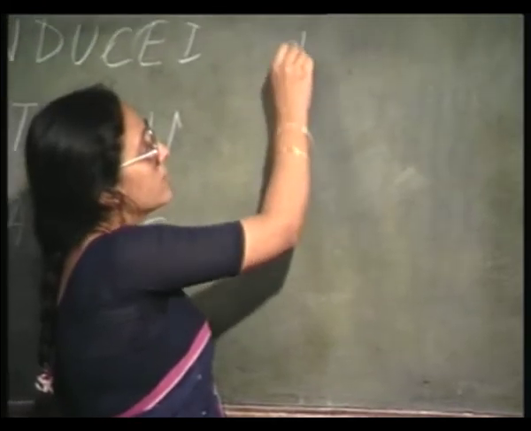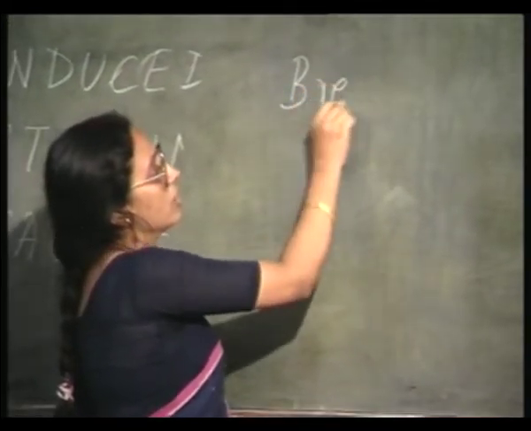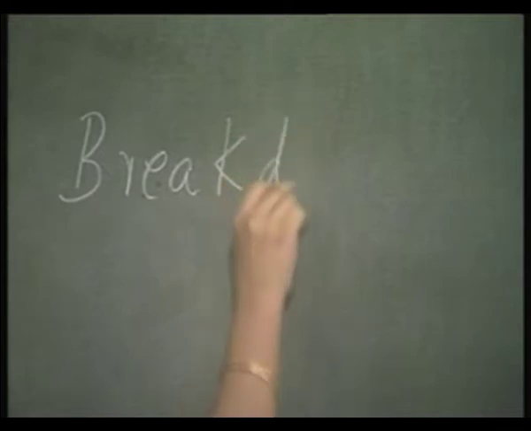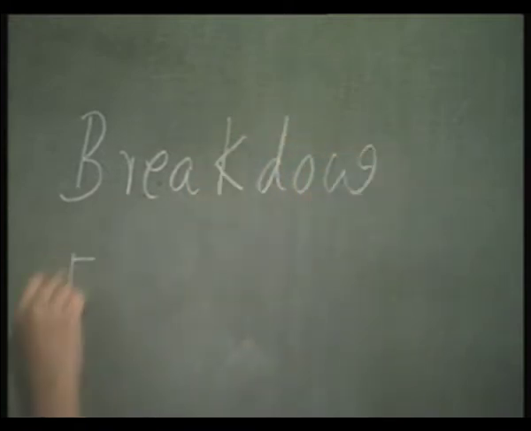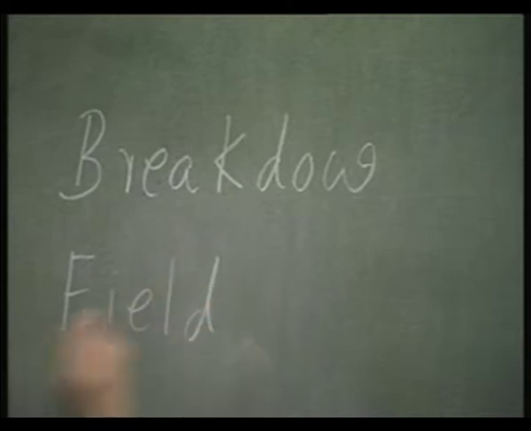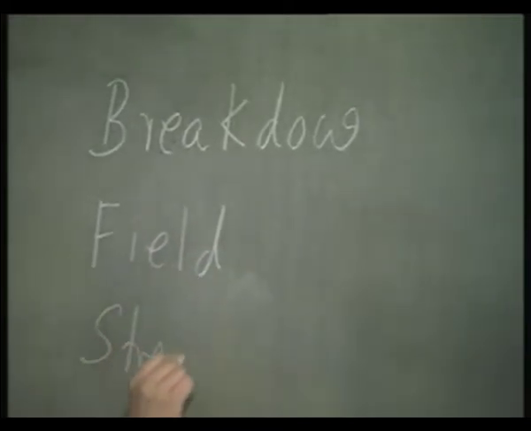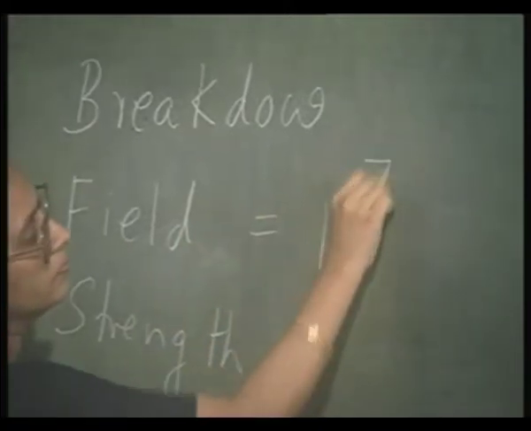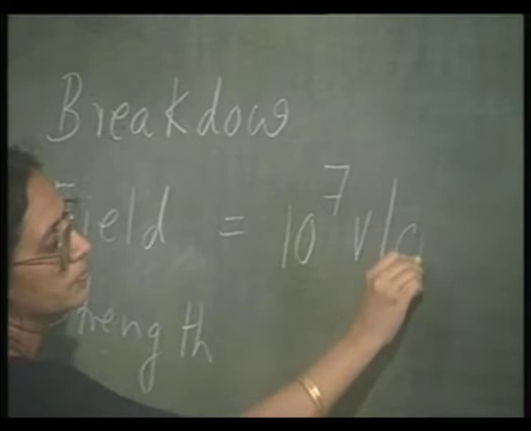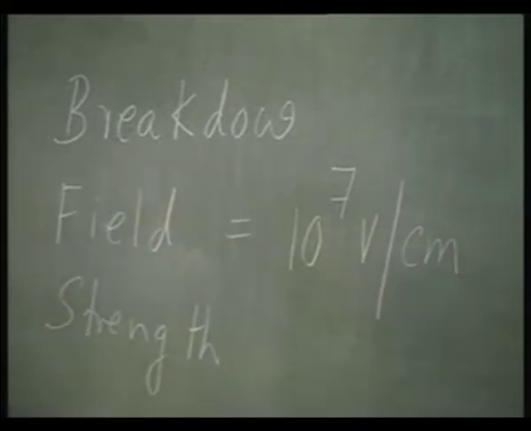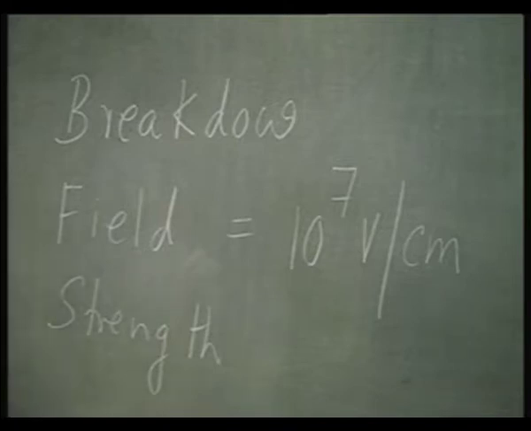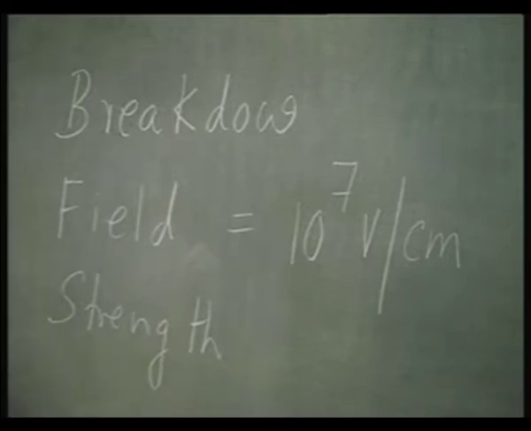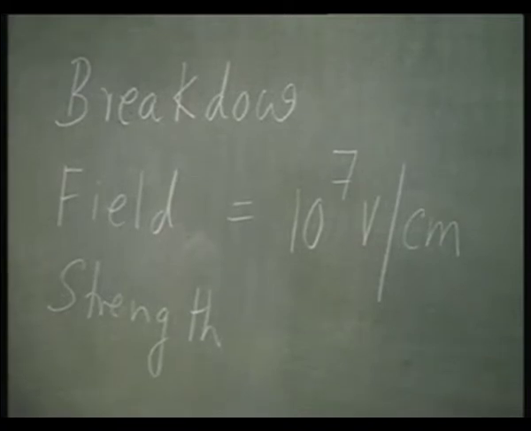The breakdown field strength of a good quality thermal oxide is about 10 to the power 7 volts per centimeter. That means, if one has a 1000 angstrom thick oxide, it should be able to withstand 100 volts. That is what it signifies, that the breakdown field strength of the oxide is 10 to the power 7 volts per centimeter.